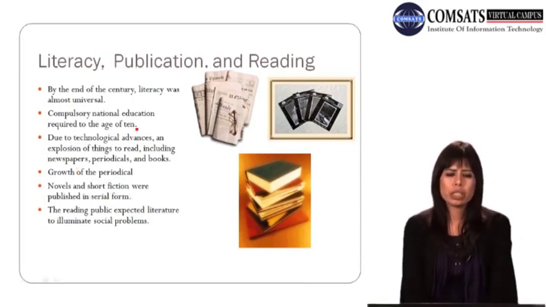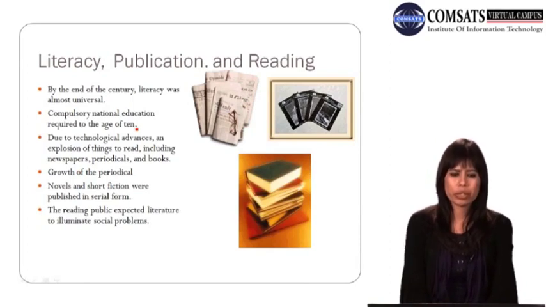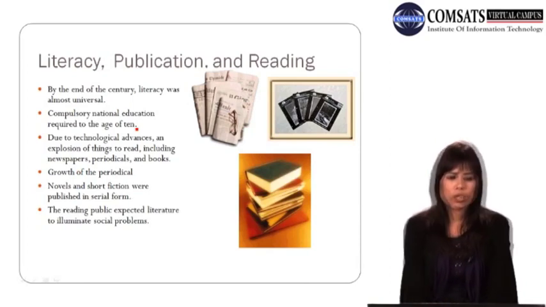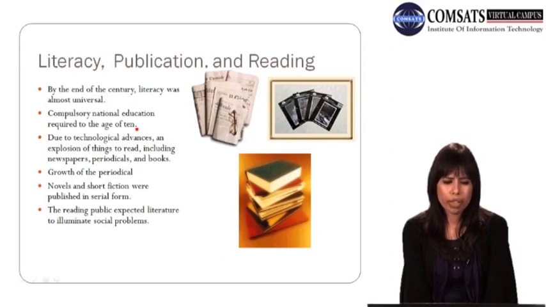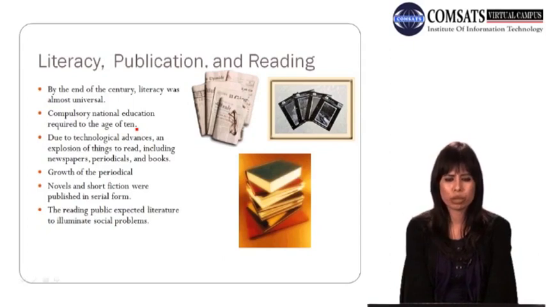Compulsory national education was required up to the age of 10, due to technological advances and an explosion of things to read, including newspapers, periodicals and books. Growth of the periodical, novel and short fiction were published in serial forms. The reading public expected literature to eliminate social problems.